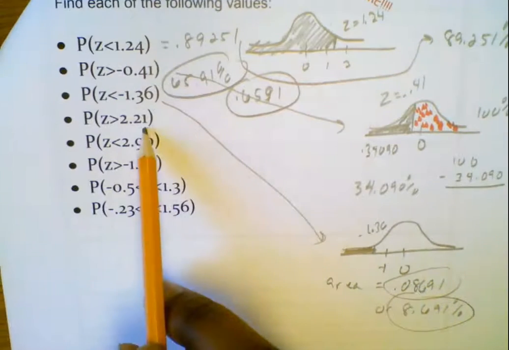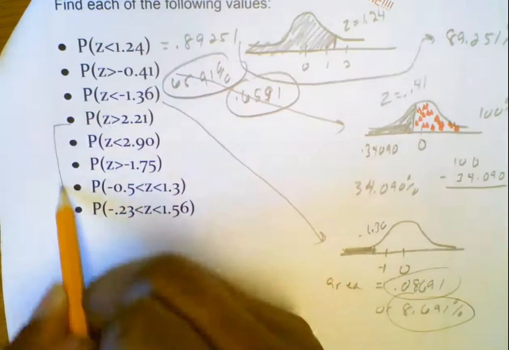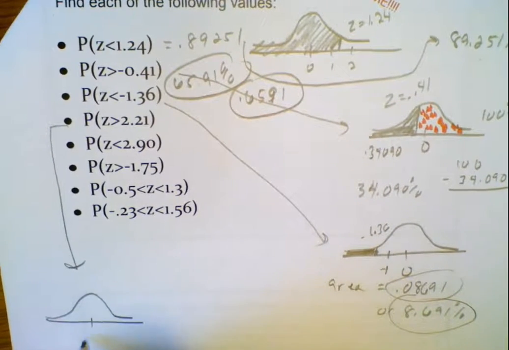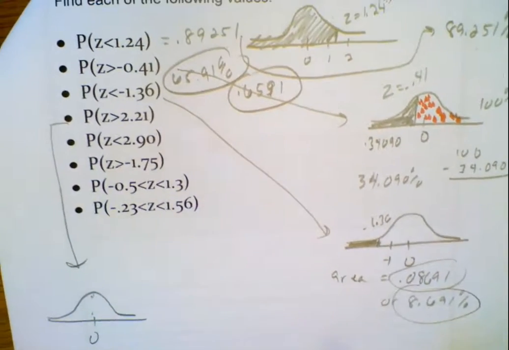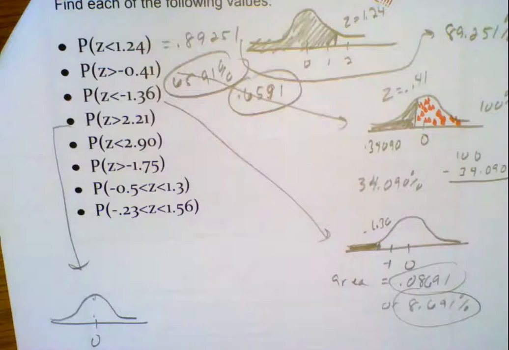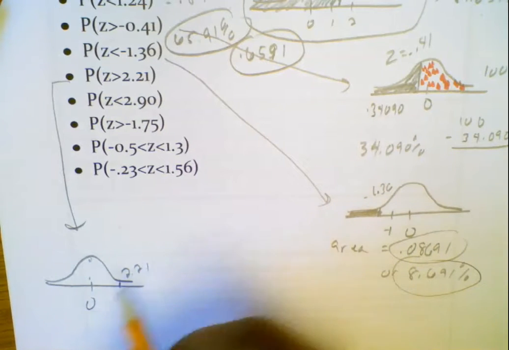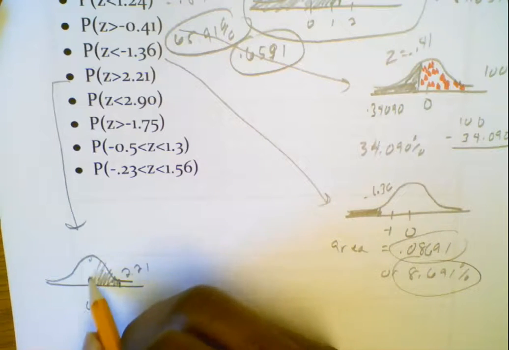This one says find the probability of z being greater than 2.21. Put it over here. So the positive 2 is on the right side. So someplace over here. 2.21. I'm going to shade everything to the left of it.